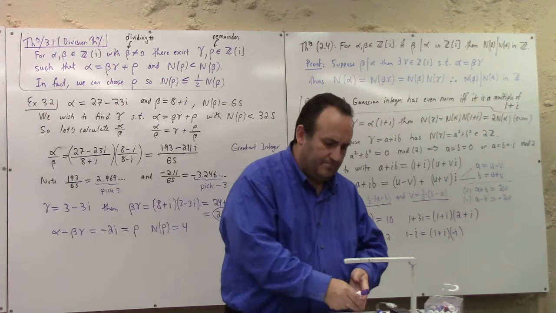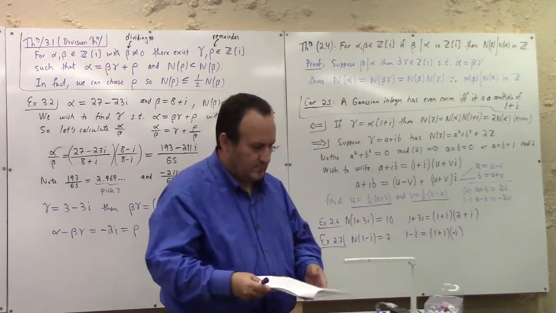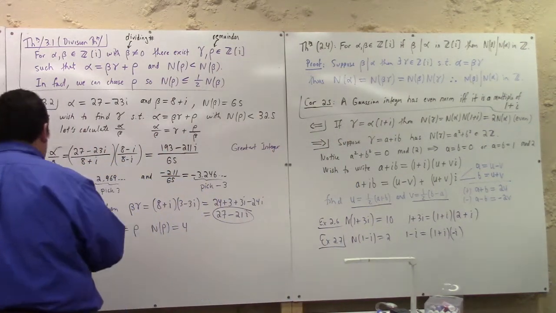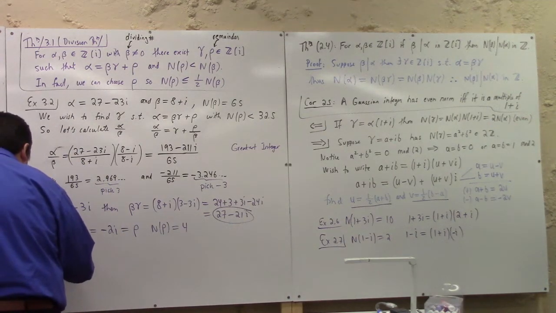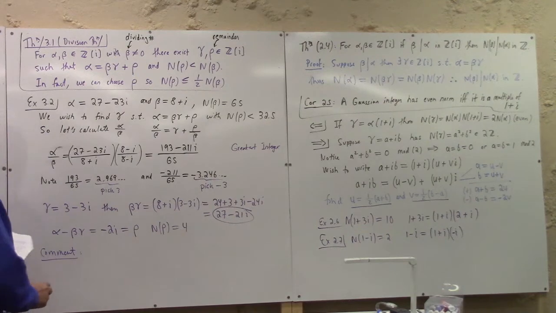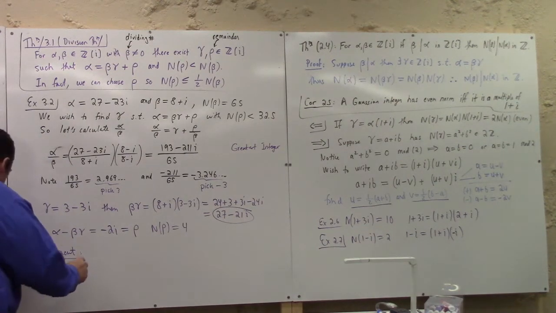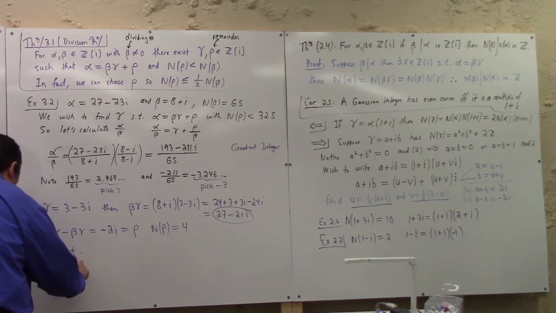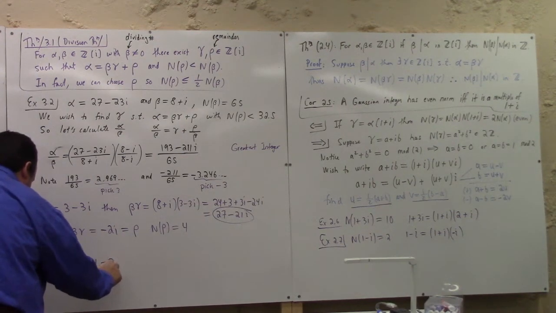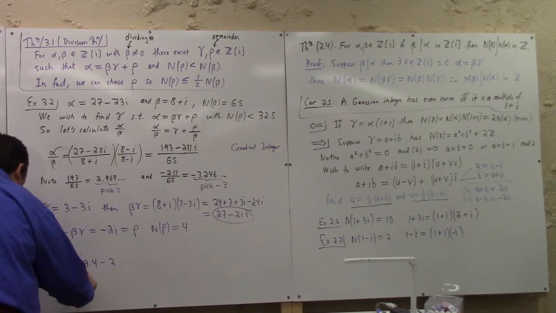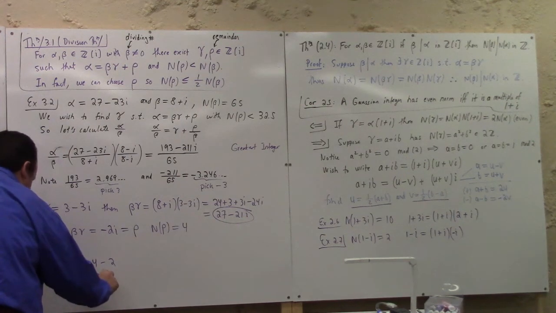So here's a comment: you could look at 34 as 9 times 4 minus 2, but you could also look at 34 as 9 times 3 plus 7.